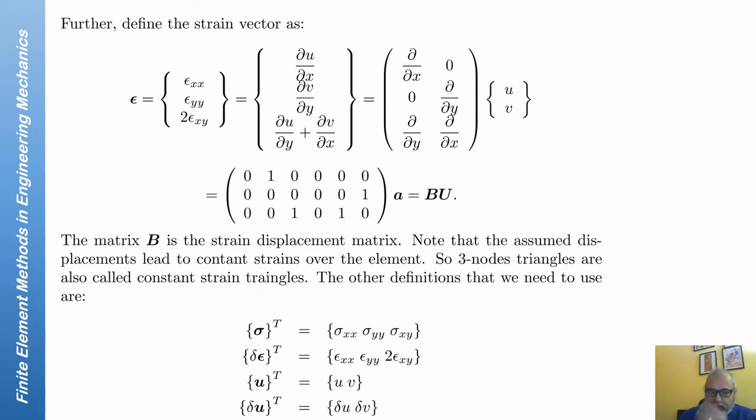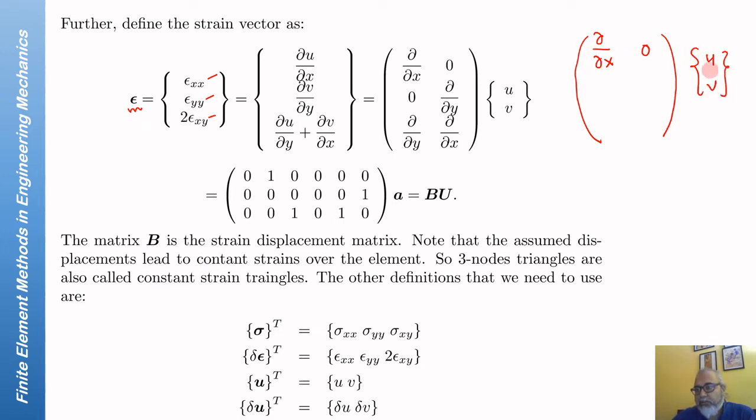Now here is how it goes. This is our strain vector, which we have defined as epsilon xx, epsilon yy, and 2 epsilon xy in that order. And these are the strain displacement relationships corresponding to xx, yy, and xy. We can write this in terms of an operator matrix. The first equation we can write as del x, 0, operating on u, v.